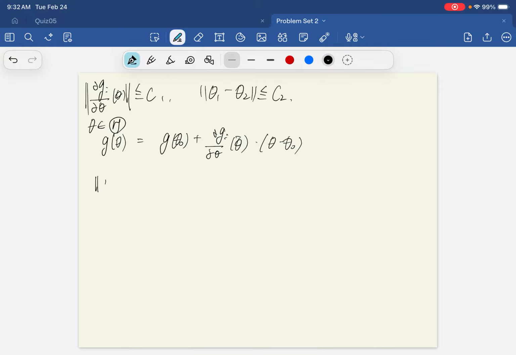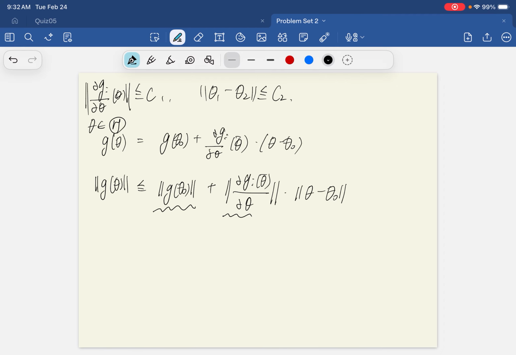So then the absolute value is less than this term plus this times this. This is obviously finite, this is bounded by C1, and this is bounded by C2.